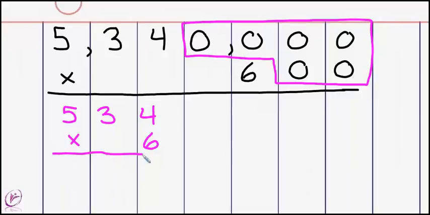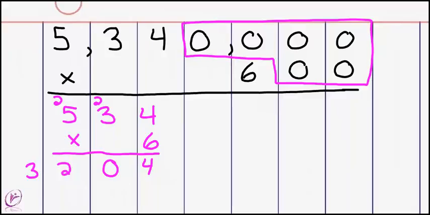Now we're going to multiply this problem as is. 6 times 4 is 24. 6 times 3 is 18, and 18 plus 2 is 20. 6 times 5 is 30, and 30 plus 2 is 32.